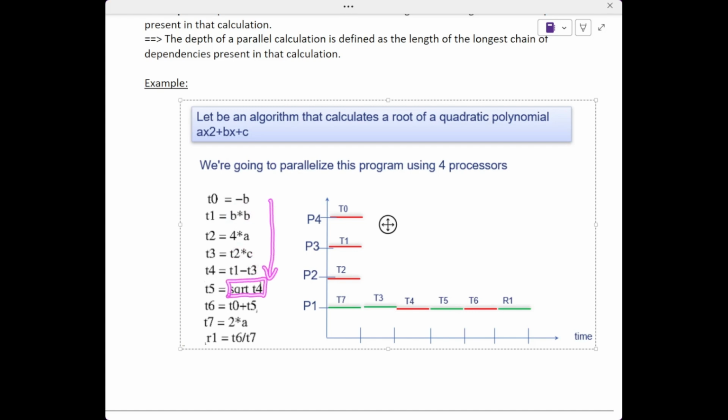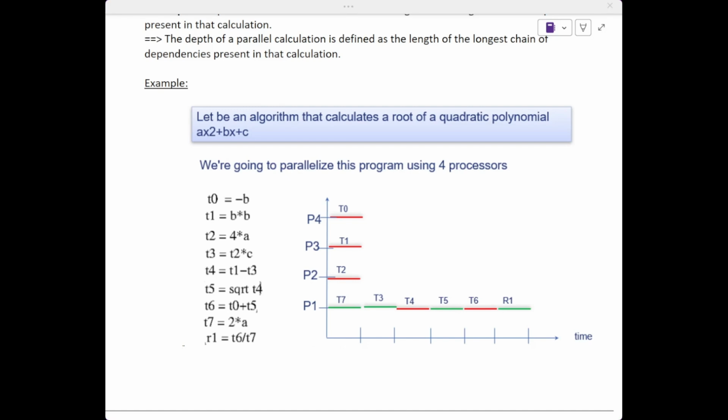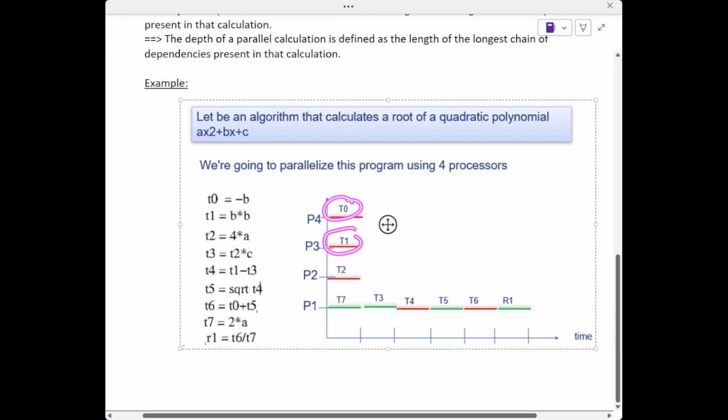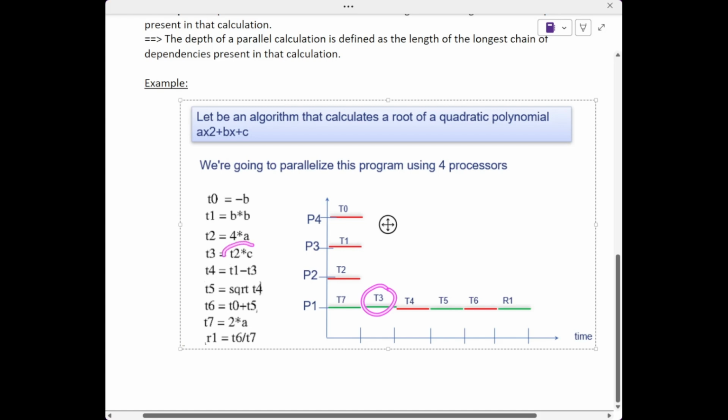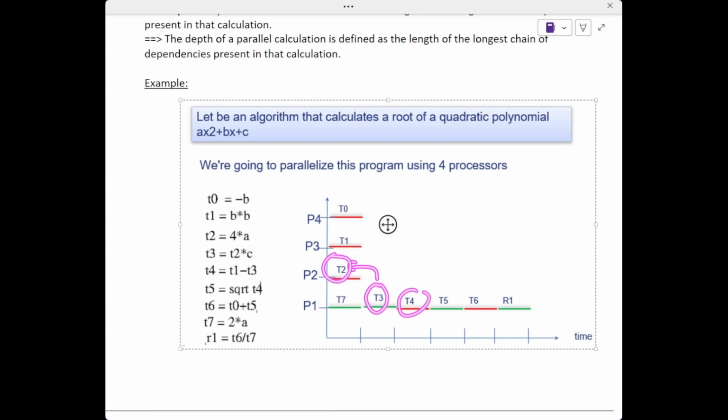So this is sequential. We have some instructions that can be done in parallel like t0, t1 and t2. t7, the other 2a, all of these can be done in parallel, but t3 can be done only after t2, as t3 is dependent on t2. t4 can be done only after t1 and t3.